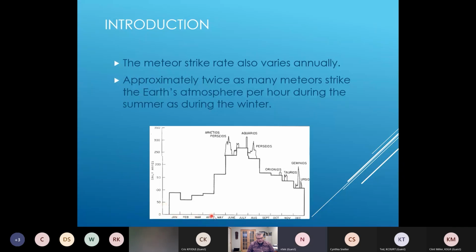You can see during January and February, this is the daily rate of meteors hitting the Earth. And it is fairly low, but it starts picking up and peaks in summer. And on top of that, you can see here the increase in meteors due to meteor showers. Here are the Perseids, Aquariids, Geminids, and so forth.